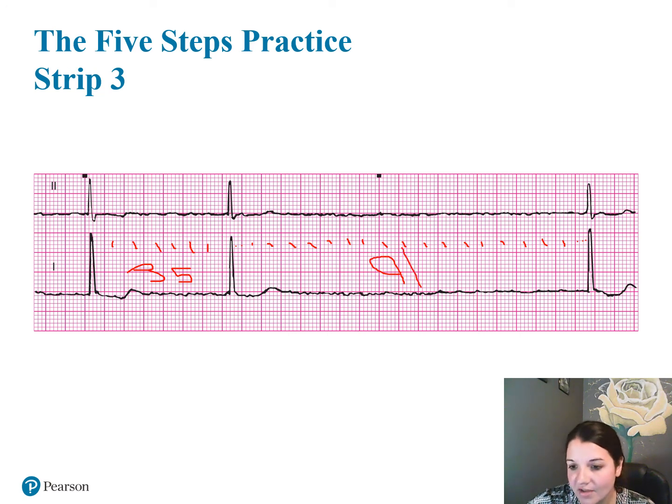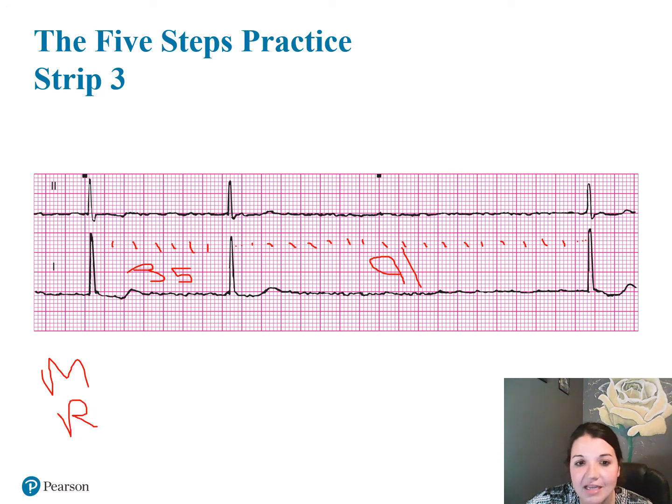Is 35 1 or 2 boxes away from 91? No, I would say this is an irregular rhythm. So we have QRSs. Yes, my rhythm is irregular, which means I need to get the mean and the range.